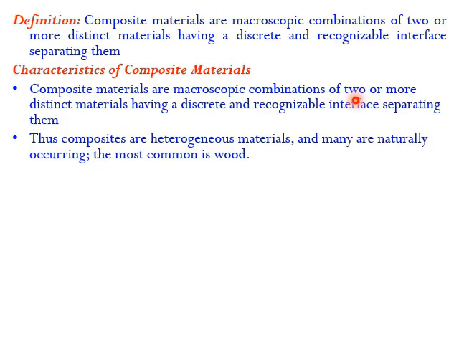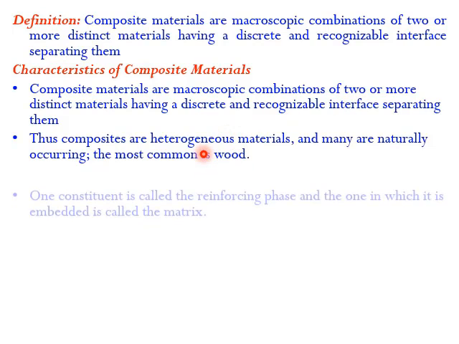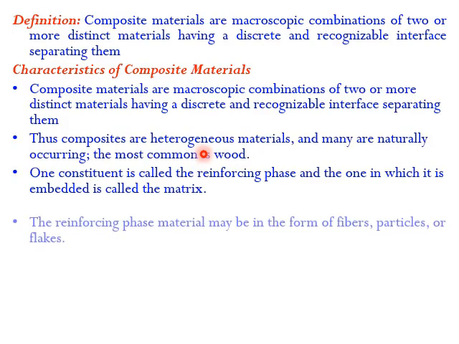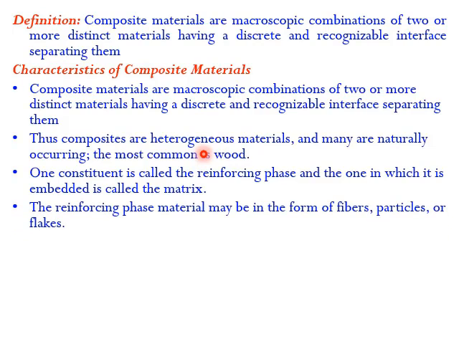It's not like a homogeneous mixture where you will get an equal dispersion of a solute and a solvent material. The best example is wood, which is heterogeneous in nature. As I said, one constituent is a reinforcement and one constituent is a matrix phase. The reinforcing phase material may be in the form of a fiber, particle or flakes.